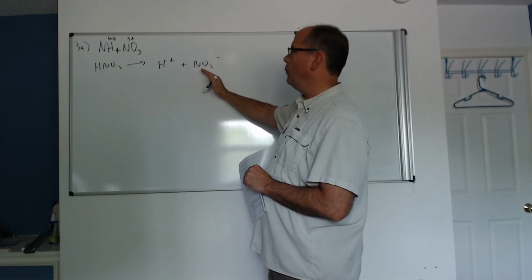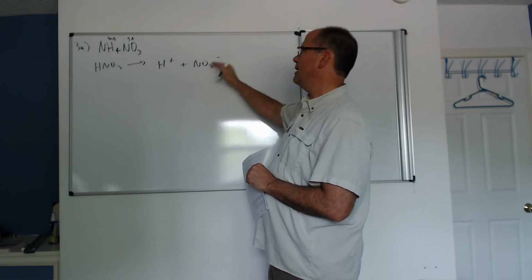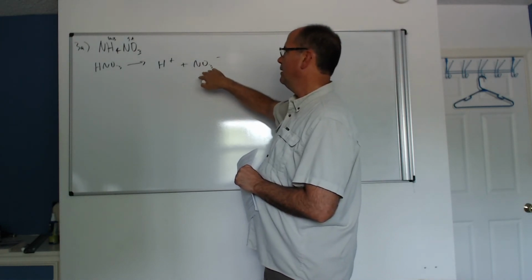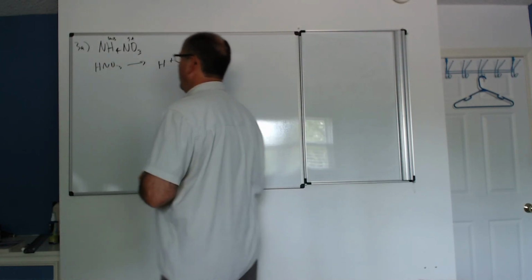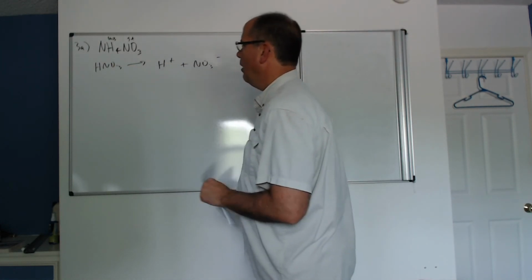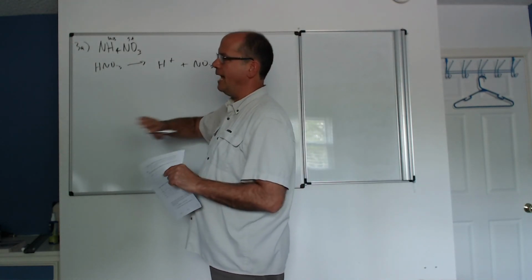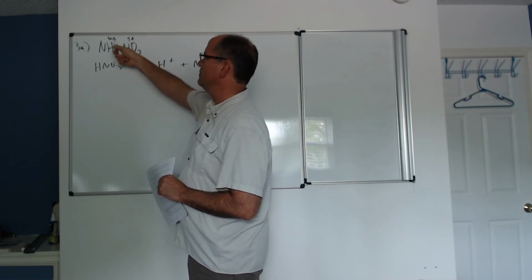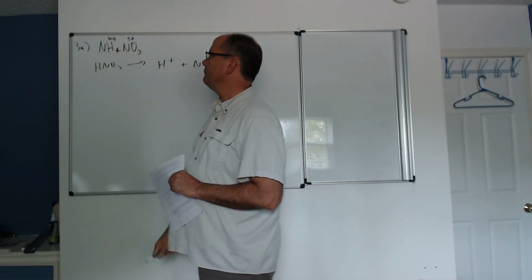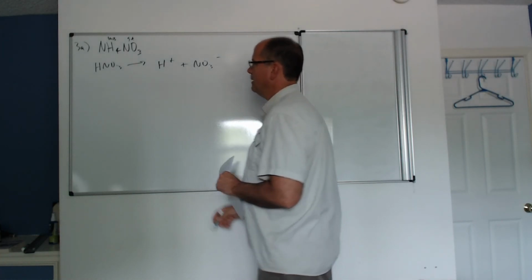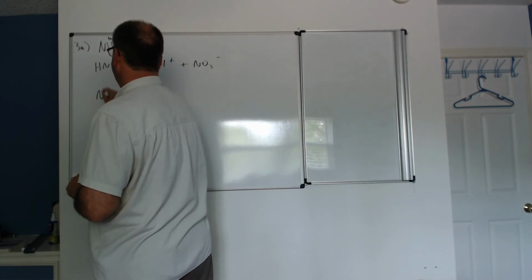It has a weaker Kb than water, so it has no impact. What's going to have the impact is the NH4. The quick and dirty answer is if this is strong acid, weak base, it's going to be acidic, because strong over weak. But it's the NH4 that we care about.